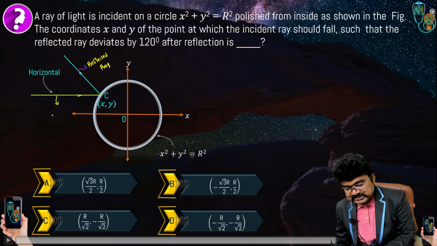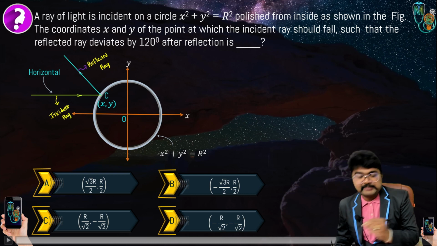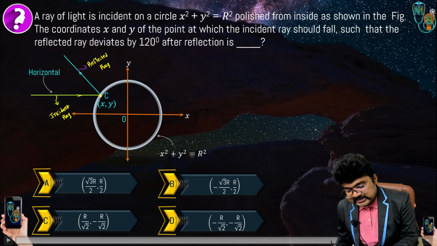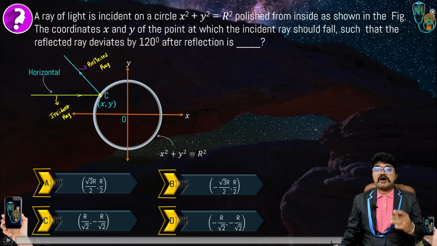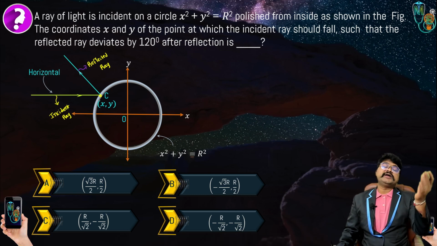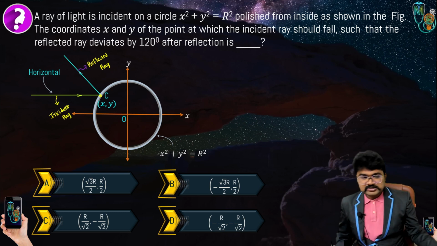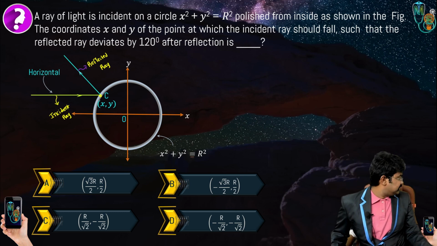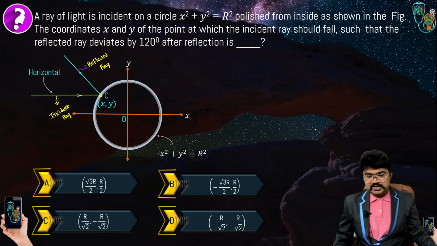This is the incident ray. Here what is happening? The incident ray is incident at point C. After the reflection, the reflected ray deviates 120 degrees.